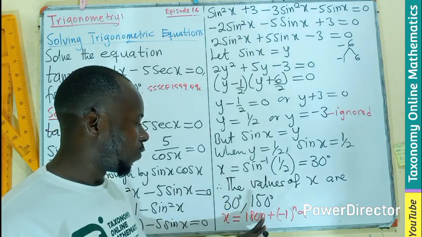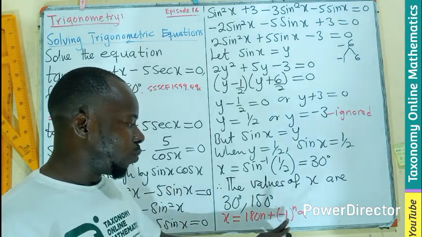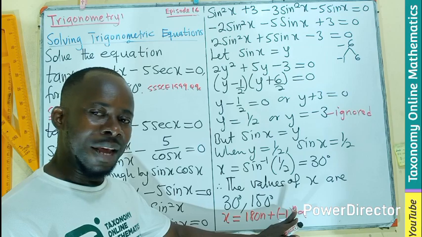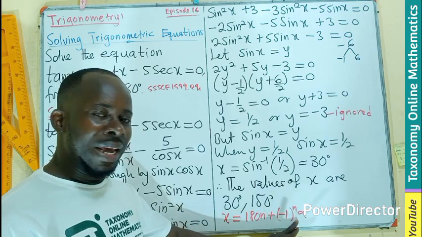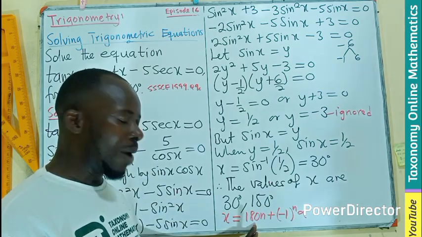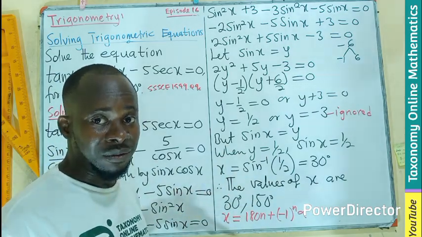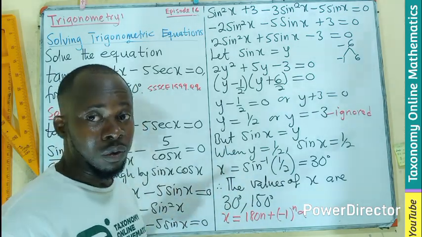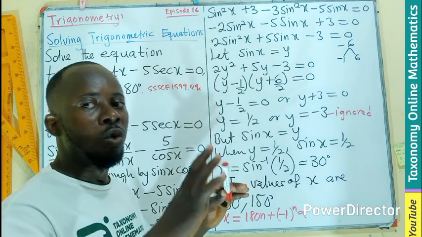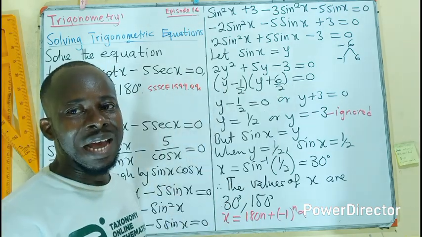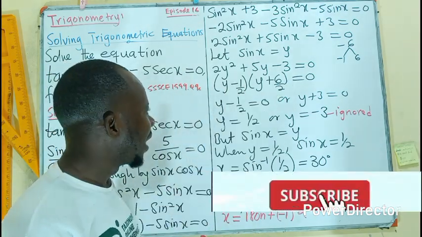If you put n as 1, then you put 30 here, negative 1 here. It means this becomes negative 30. This becomes 180. So 180 minus 30 will come back to give you the 150 we have. So we can also use this to get the answer, or just know the quadrants in which sine is positive. I guess this is clear.